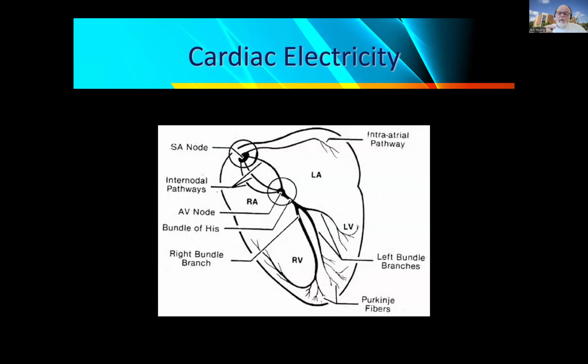Now, the electrical activity of a single cell can be looked at on an EKG as it spreads throughout the entire heart. As we've shared so far this semester, the EKG is simply a graph of the electrical responses, and that is going to be really important.